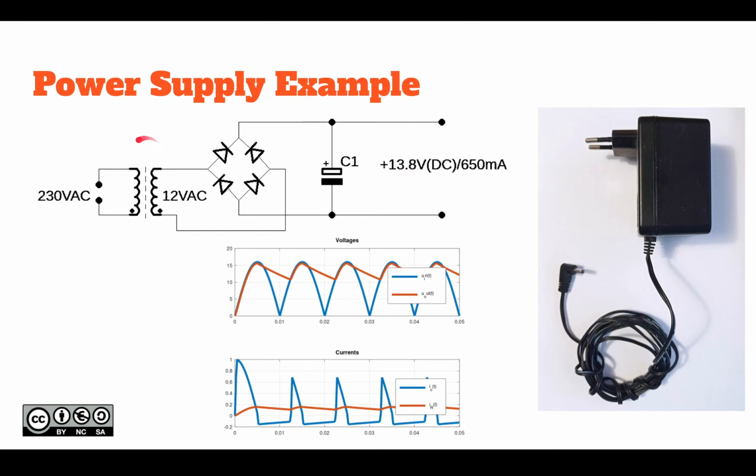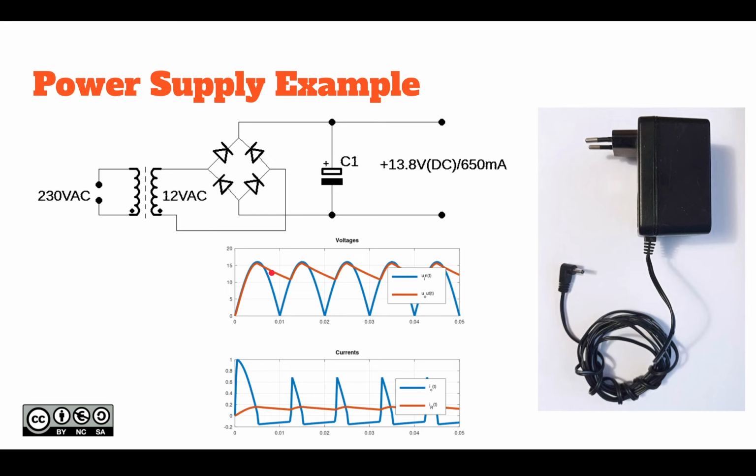It has the transformer, giving 12 volts AC from 230, and after the full wave rectifier and a diode, the right size capacitor, you get something like 13.8 volts DC, with a lot of ripple if you have a 650 milliamp load on it. So this is a simulated measurement of how that one works.